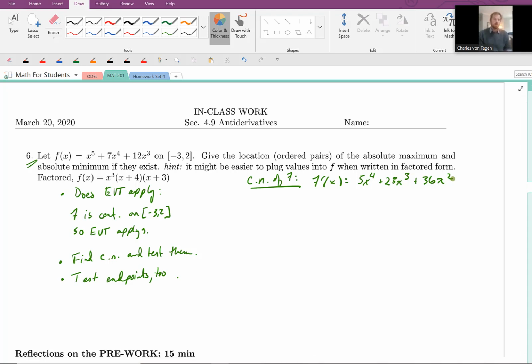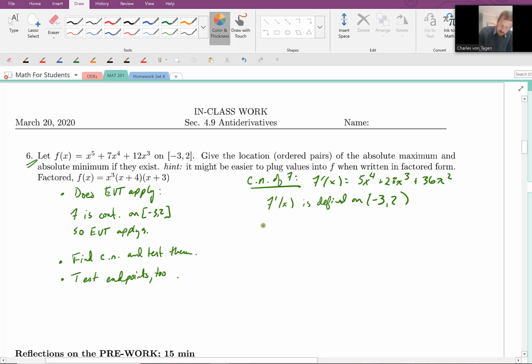Well, notice that this function is a polynomial function, and it's everywhere defined. So f prime of x is defined on the interior from -3 to 2. Okay? So it's everywhere defined.